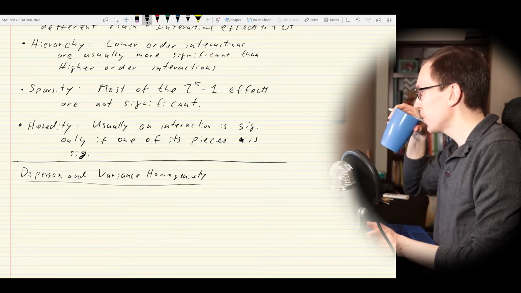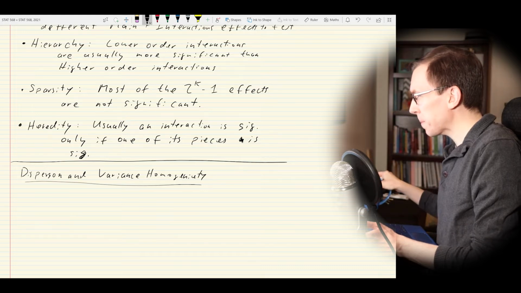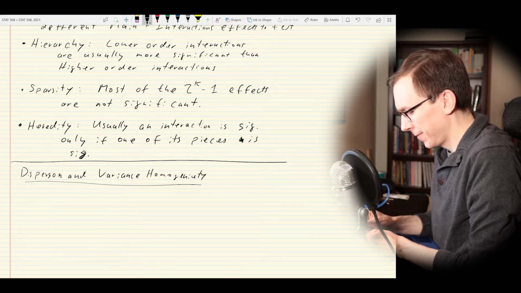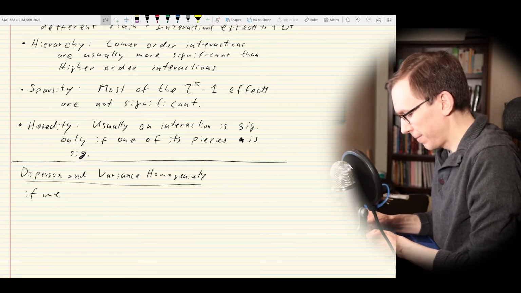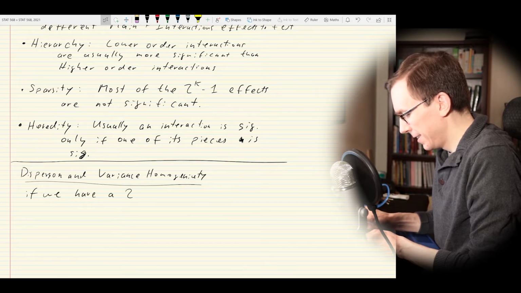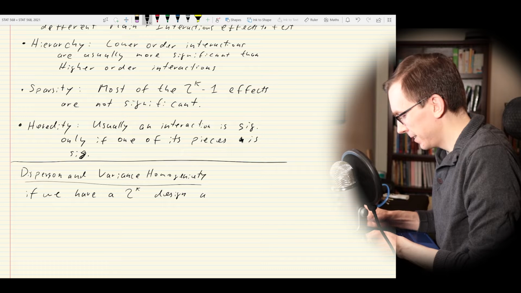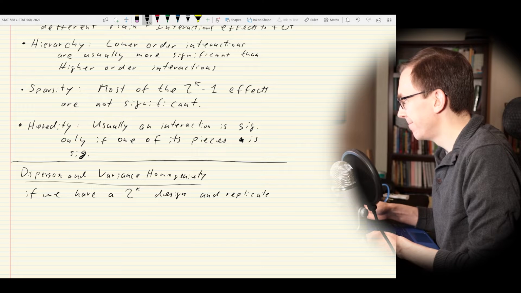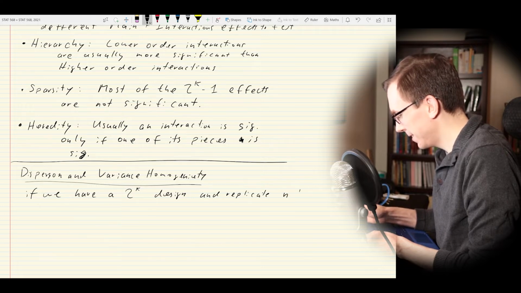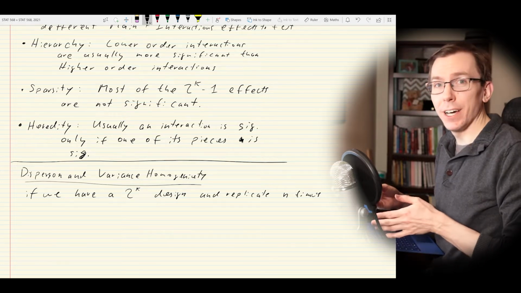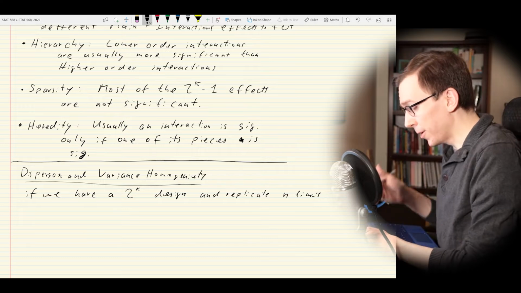Well, basically, if we have a 2 to the k design, and I guess in this case we're assuming that we replicate n times, then we can compute sample variances for each of the treatments, that is, for every row.